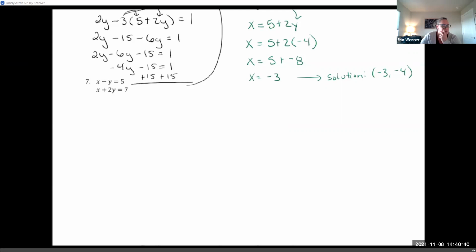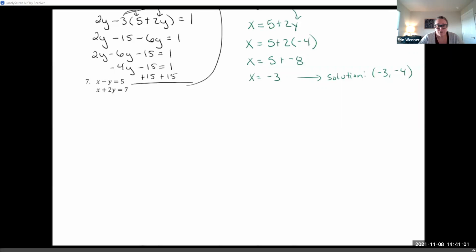So what does that look like? When we look at number 7, it doesn't matter which variable we isolate. We can use the first equation and isolate X. We can isolate Y. It doesn't matter. I am lazy. When I look at this, I go, what is the least amount of work for me?